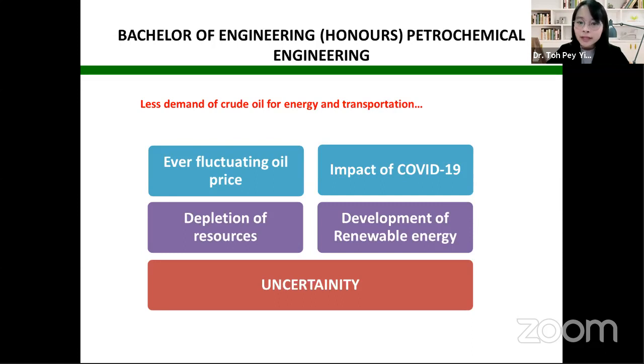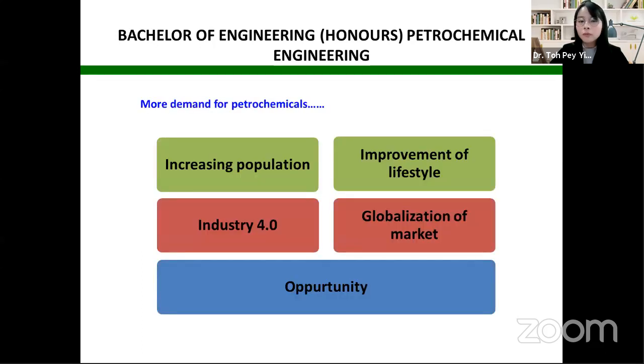Another is the development of renewable energy. Today we are talking about sustainable green energy, and a lot of renewable energy is being developed to try to replace conventional fuel like crude oil.